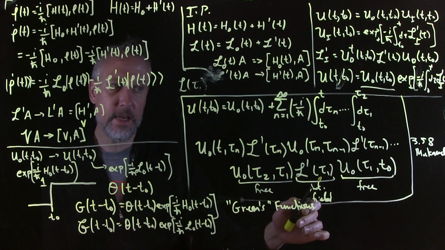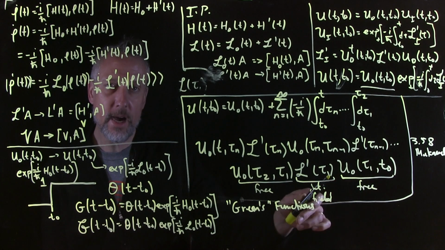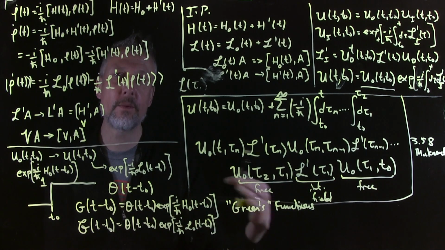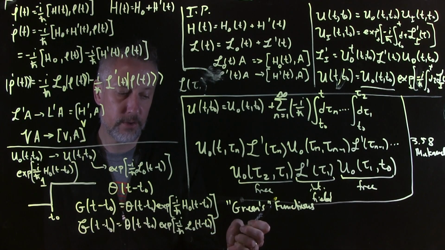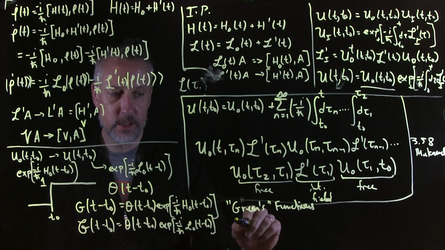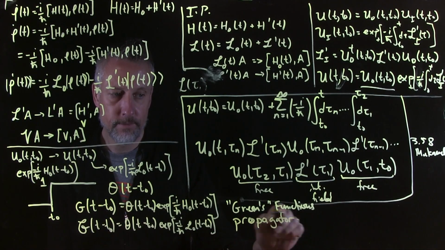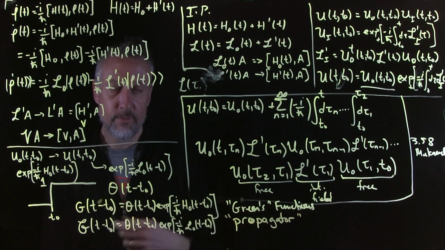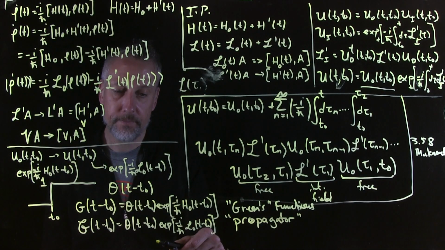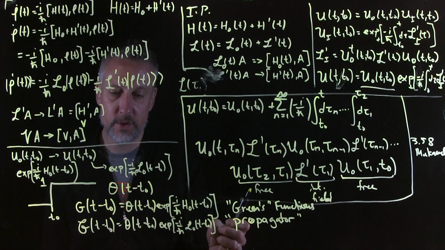They don't have to be for time. They could be for number of particles, for example. That's where it shows up a lot in some electronic structure theory. In time-dependent perturbation theory, the Green's function is also called a propagator. It propagates the system in time. We also call it the time evolution operator.